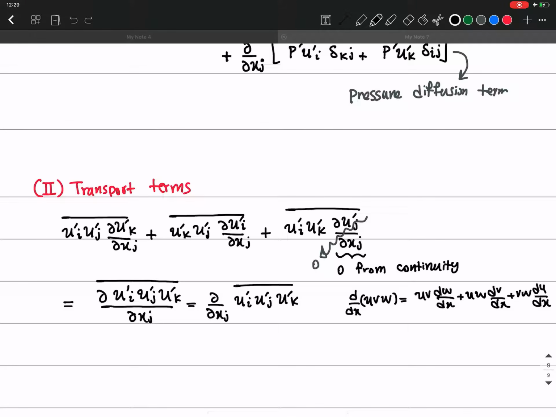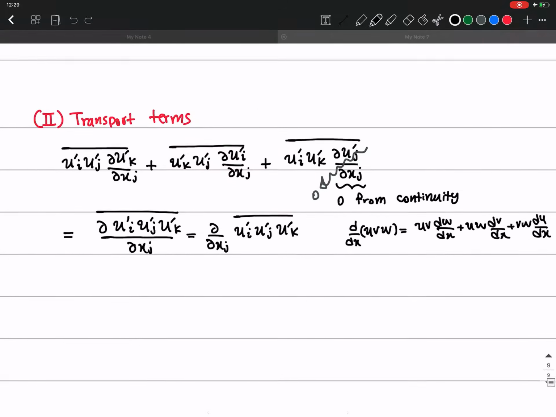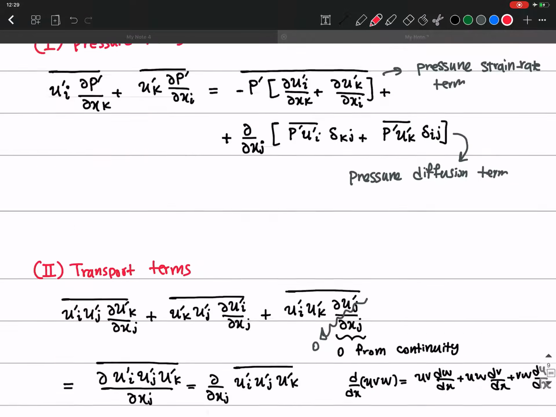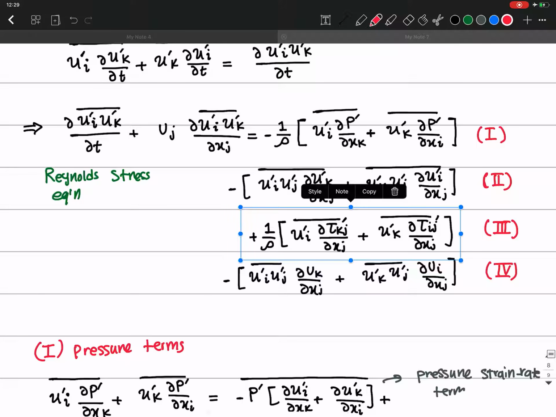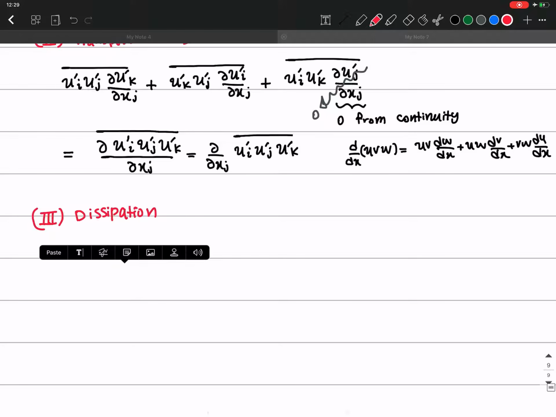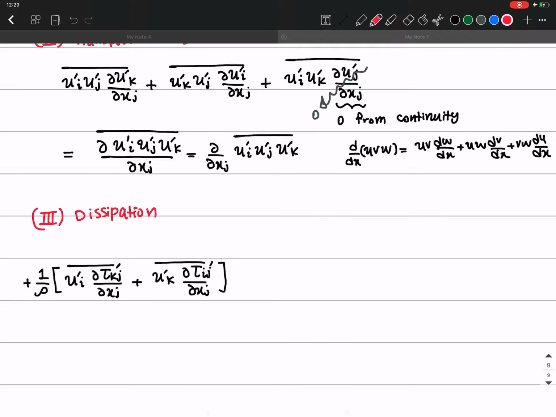Okay, so this is this term, and then let's go to the third term. We have taus here. So it's a dissipation. These are dissipation terms because we have dissipation by molecular diffusion, tau. Okay, so let me see how we can rewrite these terms.